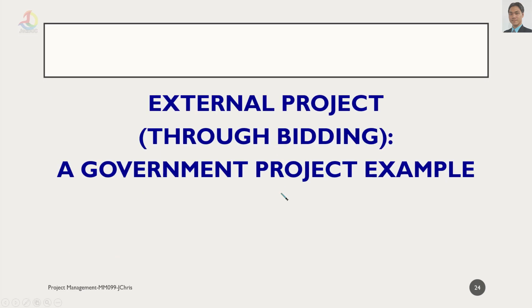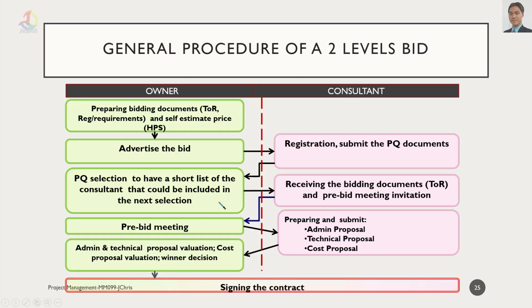What about an external project? Sometimes an external project is taken through the way of bidding. We have more competitors, and each competitor can put forth project proposals, a business case, and this is usually true for a government project.